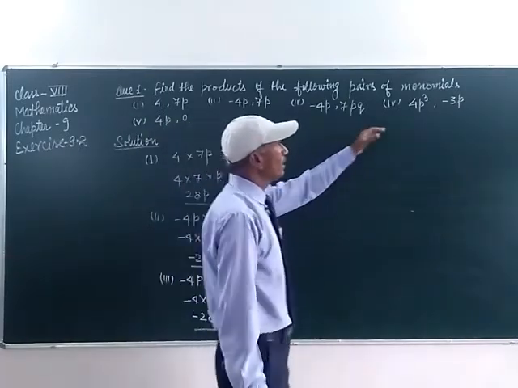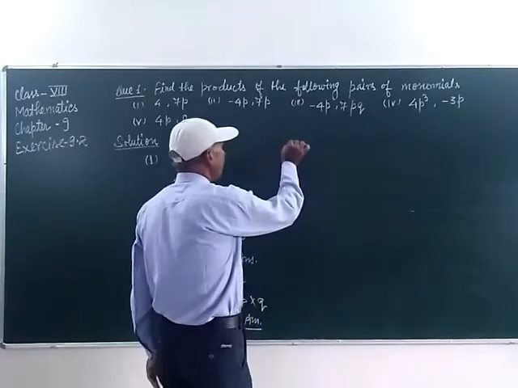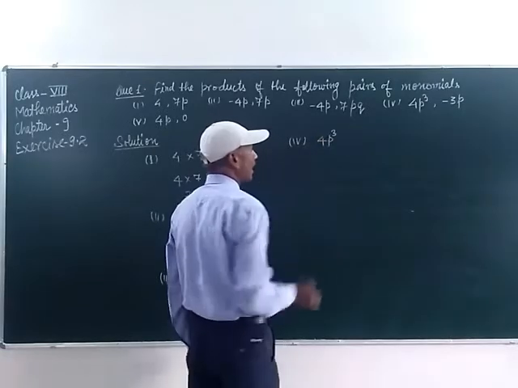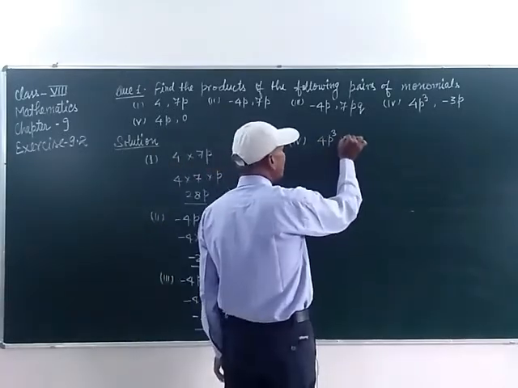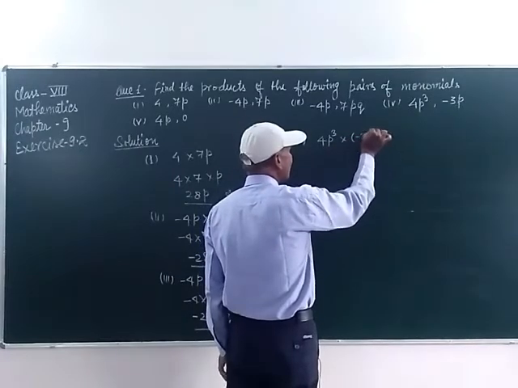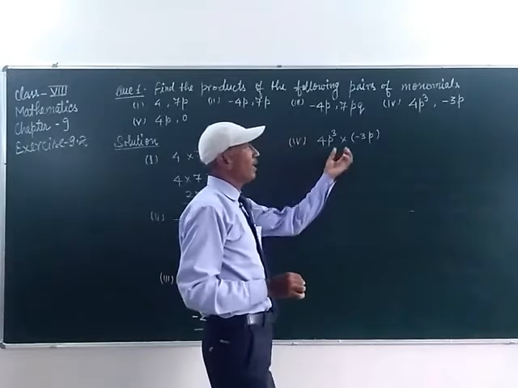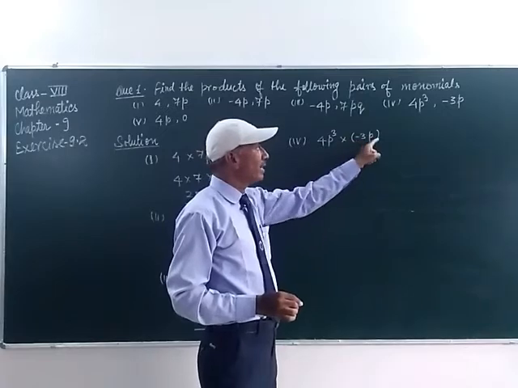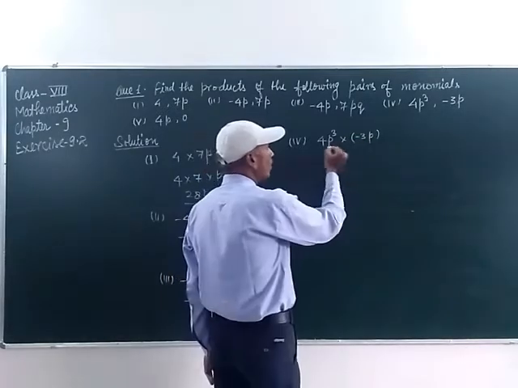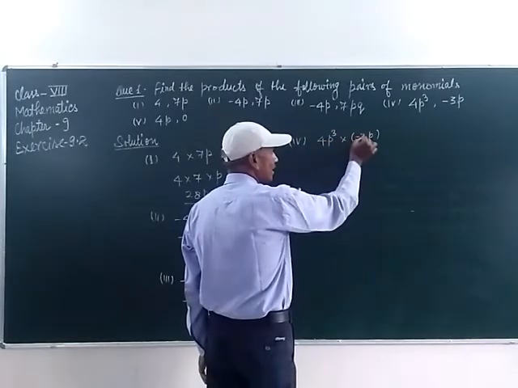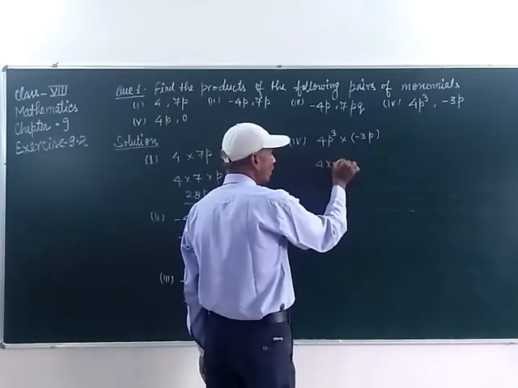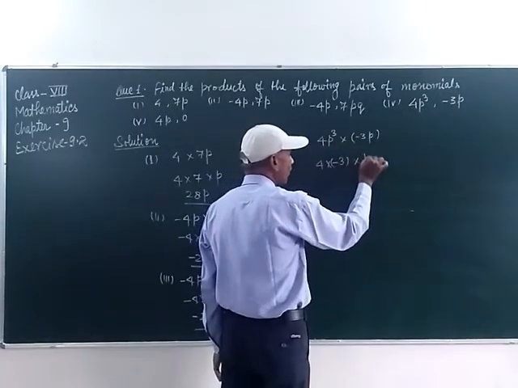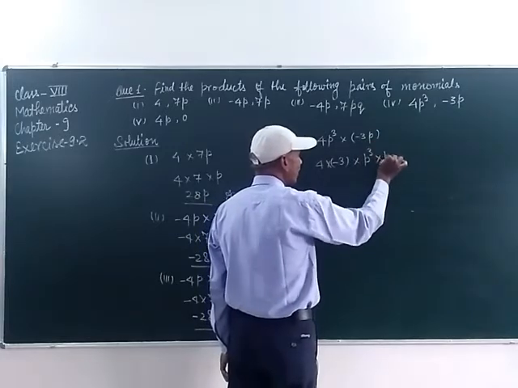Now, we have to do the fourth part of this question, and that is 4p to the power 3 or p cube into minus 3p. We have to put it in bracket because this one is a negative sign, and multiplied by minus 3p. Clear, students? Now, we have to multiply this number with this number, 4 into minus 3, and into p to the power 3 into p.